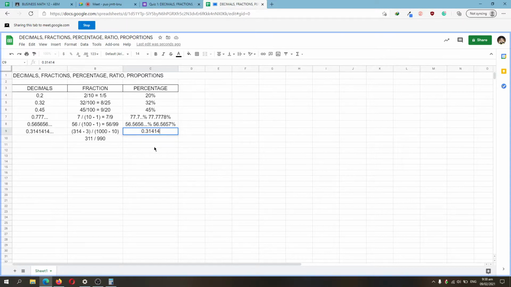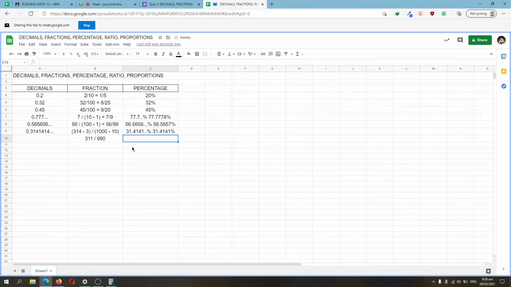So, 0.31414. Since na-discuss na natin, pupunta ng right side. So, decimal place 1, 2. That is 31.4141 etc., or express natin as 31.4141%.